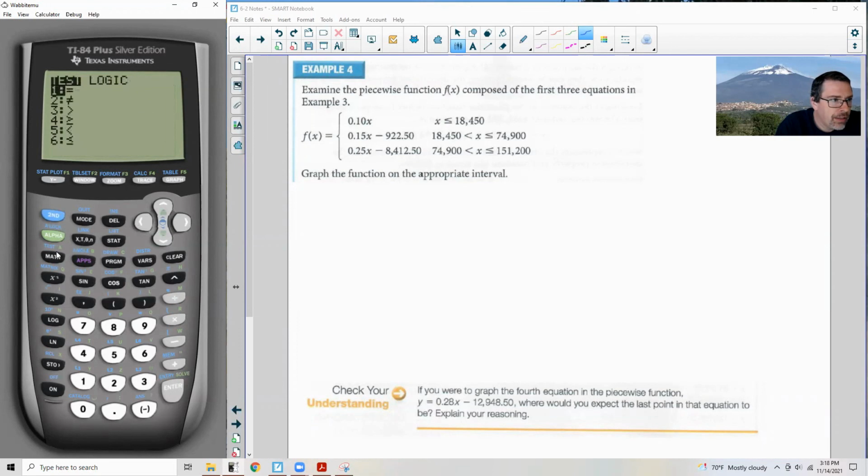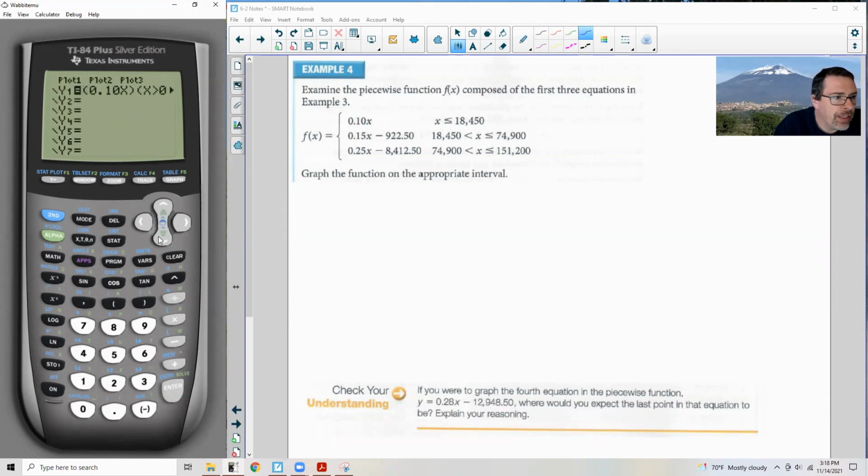Second math, less than or equal to is 6. Now if I graph that, my interval is from 0 to 10. So I'm seeing it, but not much of it. I will change the window after.